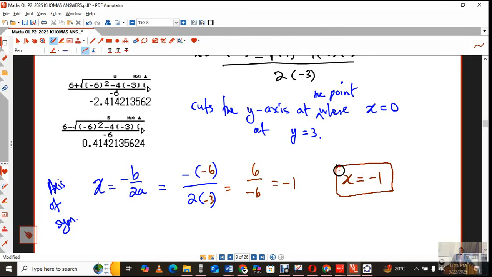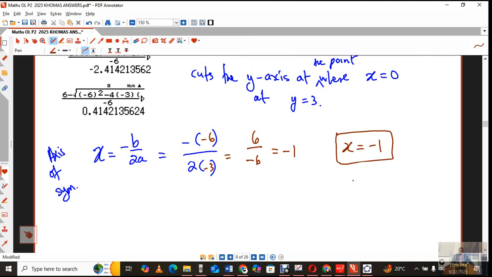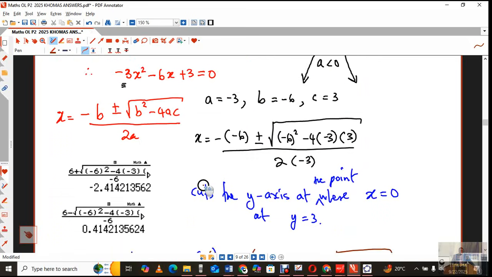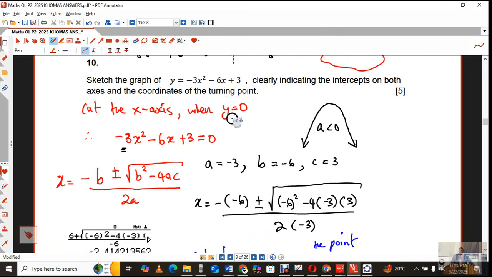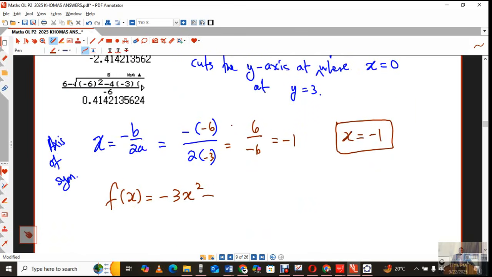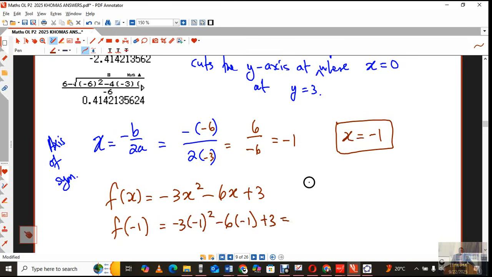Now we need to find the y value, because the turning point has an x as well as a y value. So what is our graph? Let me write my graph as f of x is equal to minus 3x squared minus 6x plus 3. When I plug in -1, what am I going to get?